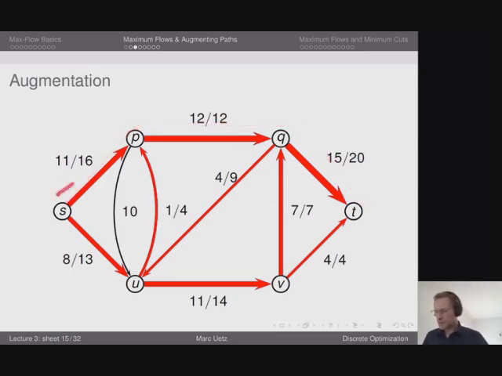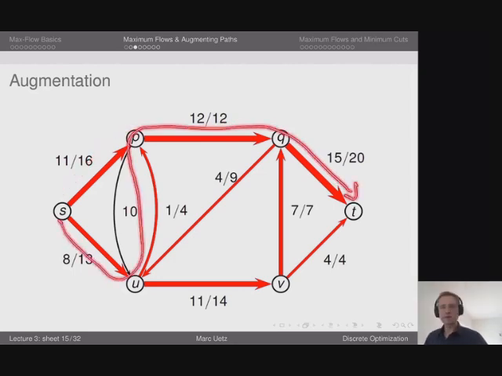But this ST path actually doesn't have any capacity left. So if I want to send flow on top of the given red flow here, I will see that the edge up here from P to Q is a saturated edge. It has no capacity left, so I cannot augment the flow by sending along this path. I can also not augment along this path, and so on and so on.